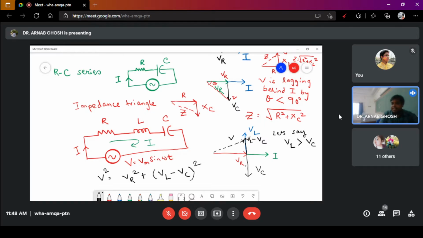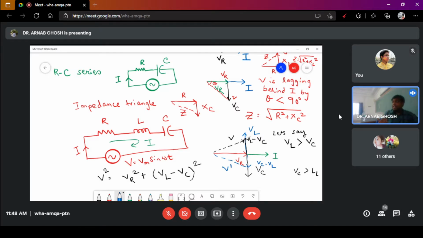Okay, this is in case of VL greater than VC. Now, if VC was greater than VL, what would the circuit have looked like? Here this would have become VC minus VL, and you would have had the resultant as V dash.